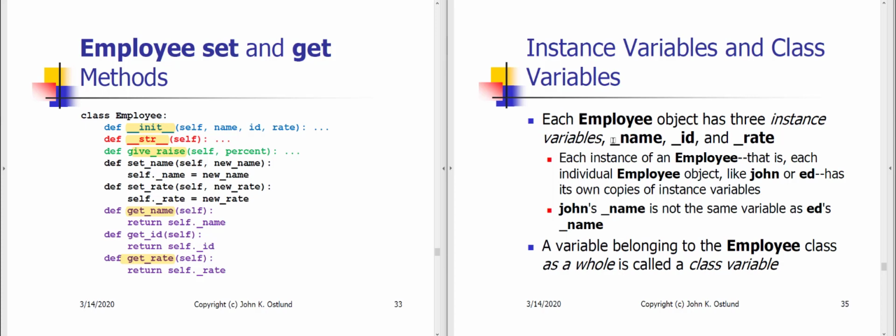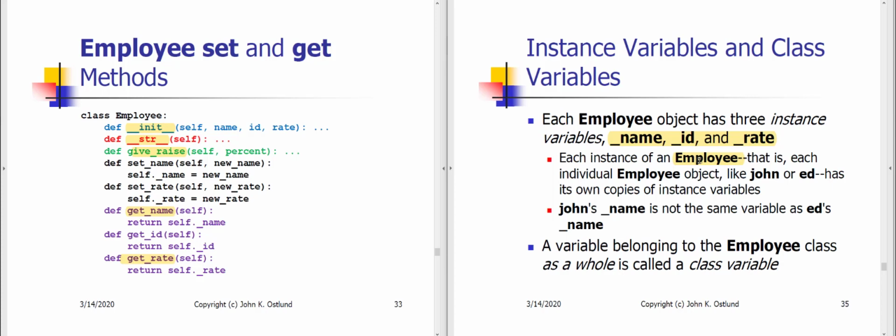So as I already mentioned, these _name, _id, and _rate variables are referred to as instance variables. Each instance, each separate copy, if you will, of an employee object has its own _name and its own _id and its own _rate.